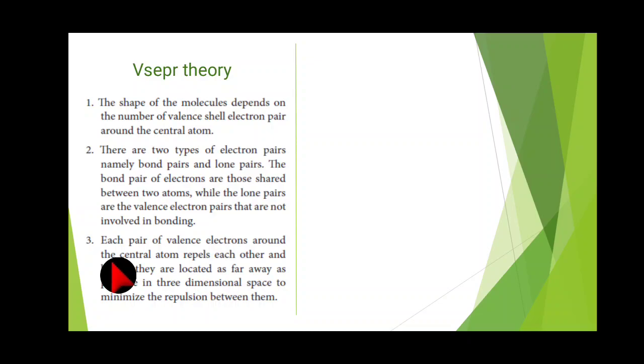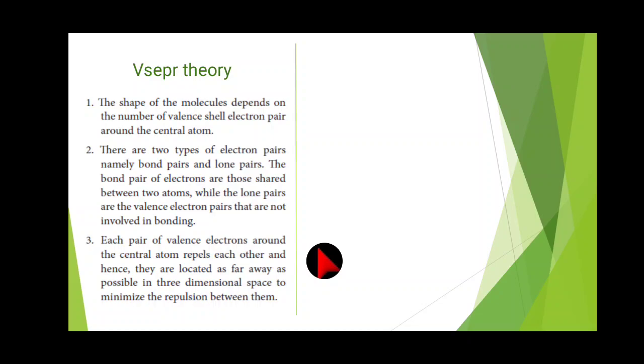Point number 3, each pair of valence electrons around the central atom repels each other, right? So they are located as far away as possible in three-dimensional space to minimize the repulsion between them.